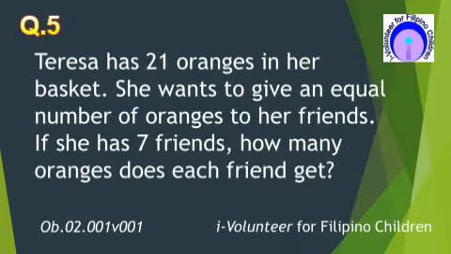Teresa has 21 oranges in her basket. She wants to give an equal number of oranges to her friends. If she has 7 friends, how many oranges does each friend get? Your timer starts now.